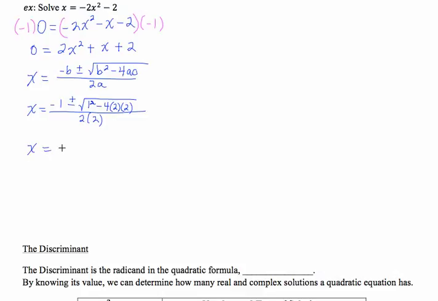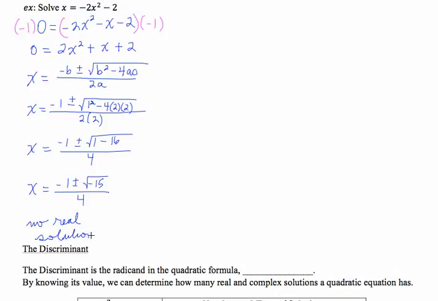So now let's simplify under that radical. 1 squared is 1 minus 4 times 2 is 8 times 2 is 16. So under the radical we have square root of negative 15, which means this does not have any real solutions, but we can still find its imaginary solutions because we're taking the square root of a negative number here.